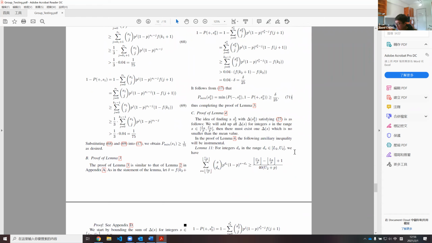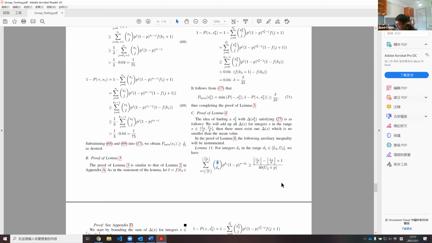And then it's a difficult part, lemma 4. We first introduce another lemma called lemma 11. It keeps ds fixed and s changing.